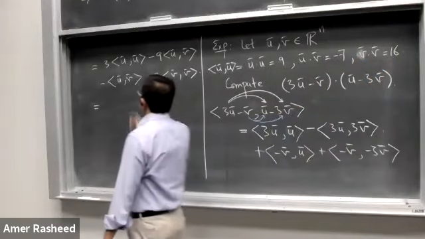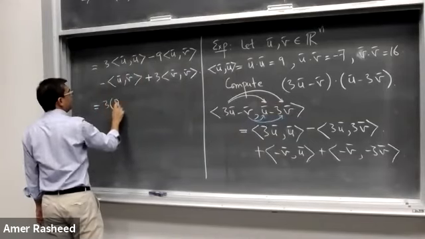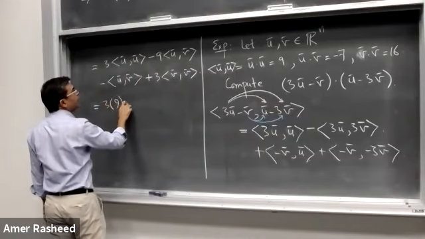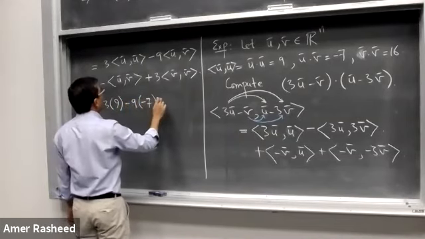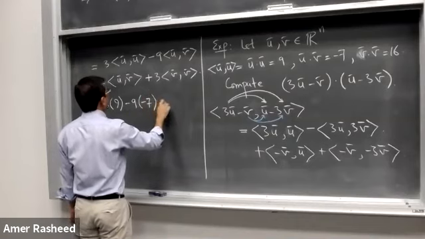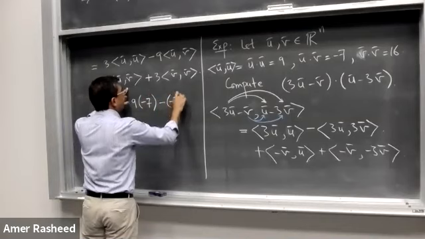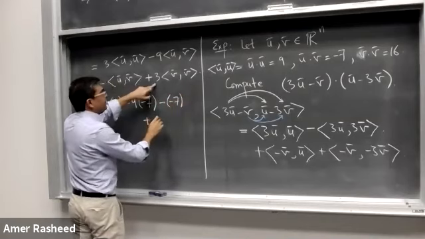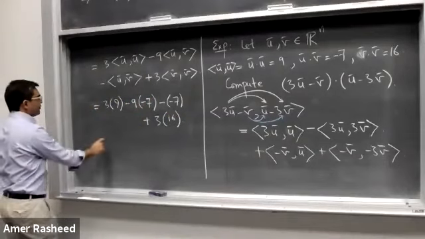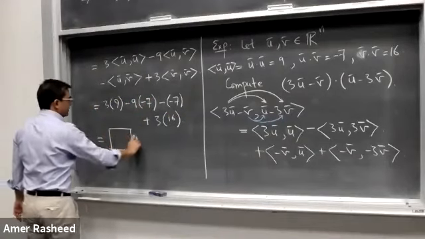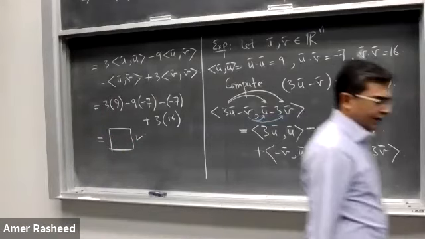So we can insert the values here and get the answer. u dot u is 9, and negative 9 times negative 7, negative u dot v is again negative 7, plus 3 times 16. So after solving this, you can get the answer. I hope you got it. If you have any question, you can ask me.